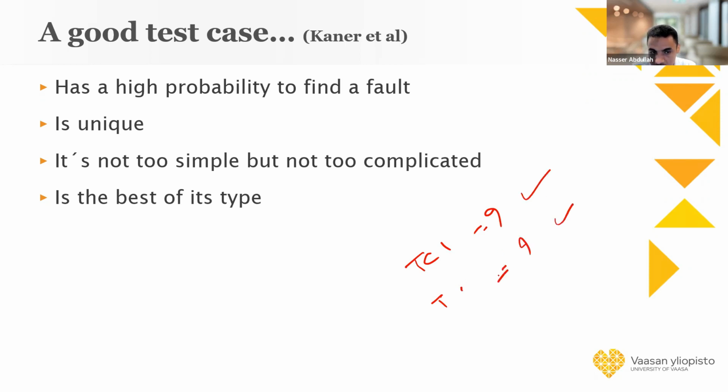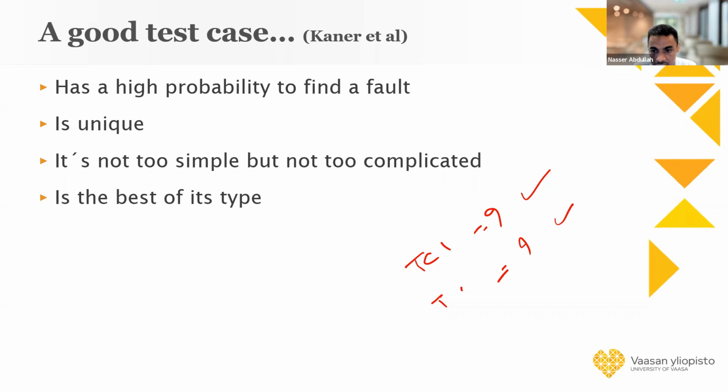So it's better to be unique, and not too simple or too complicated when you select it for your application. It should be good enough, and the best in its type.